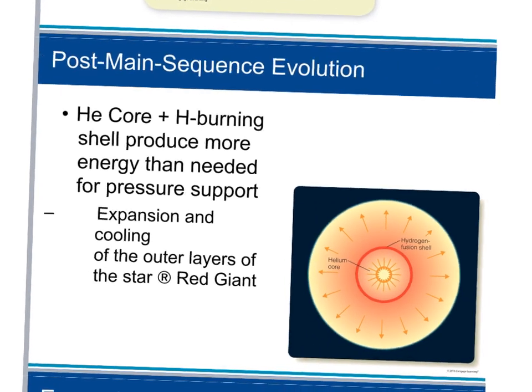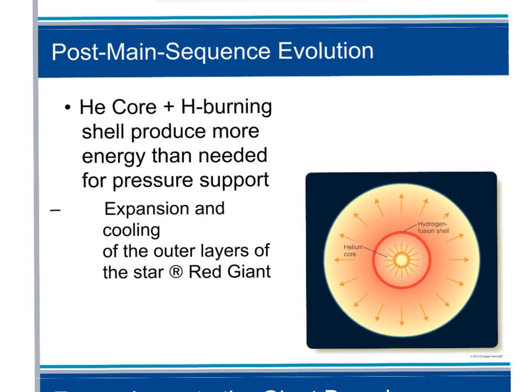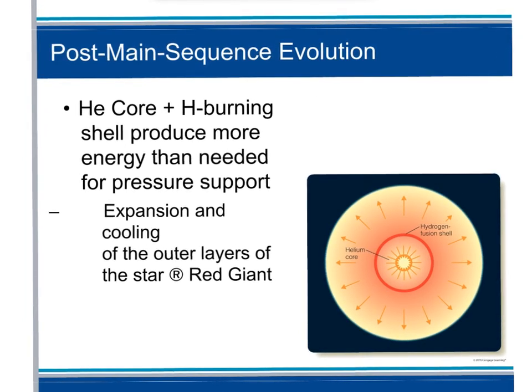And so when a star lives on the Hertzsprung-Russell main sequence, the helium core, along with the hydrogen burning shell, produces more energy than needed for the pressures to support. So you wind up with an expansion.